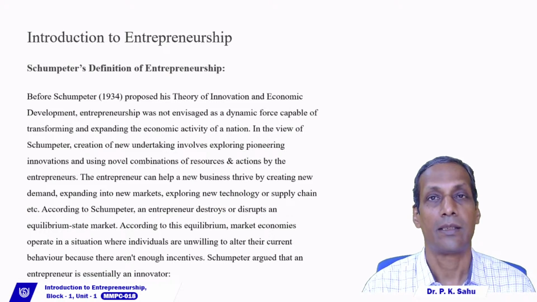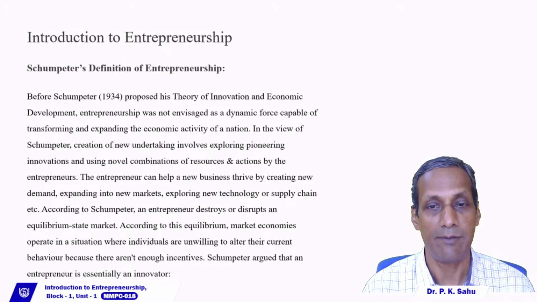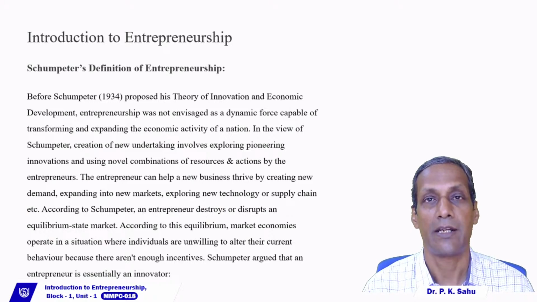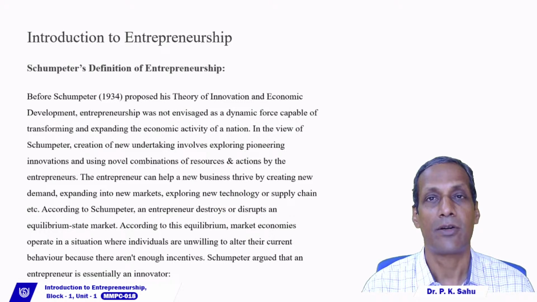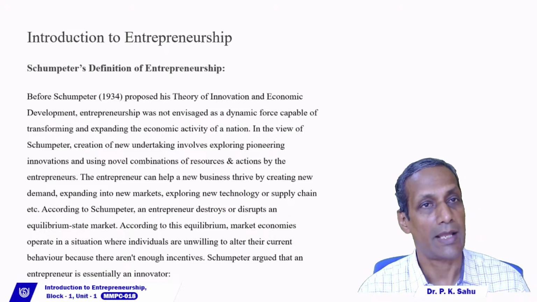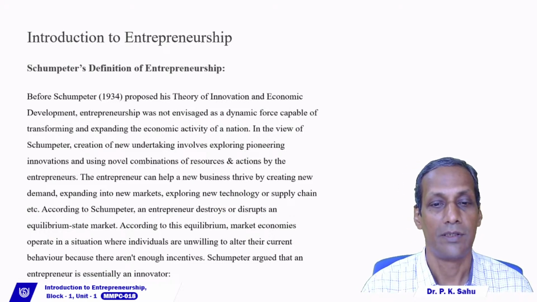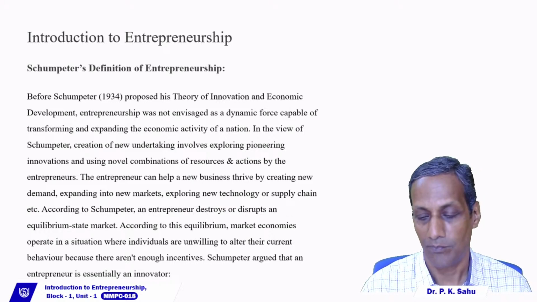He advocated that the entrepreneur can help a new business thrive by creating new demand, expanding into new markets, exploring new technology or supply chains, etc. According to him, an entrepreneur destroys or disrupts an equilibrium state market. According to this equilibrium, market economics operate in a situation where individuals are unwilling to alter their current behavior because there aren't enough incentives. So Schumpeter argued that an entrepreneur is essentially an innovator.